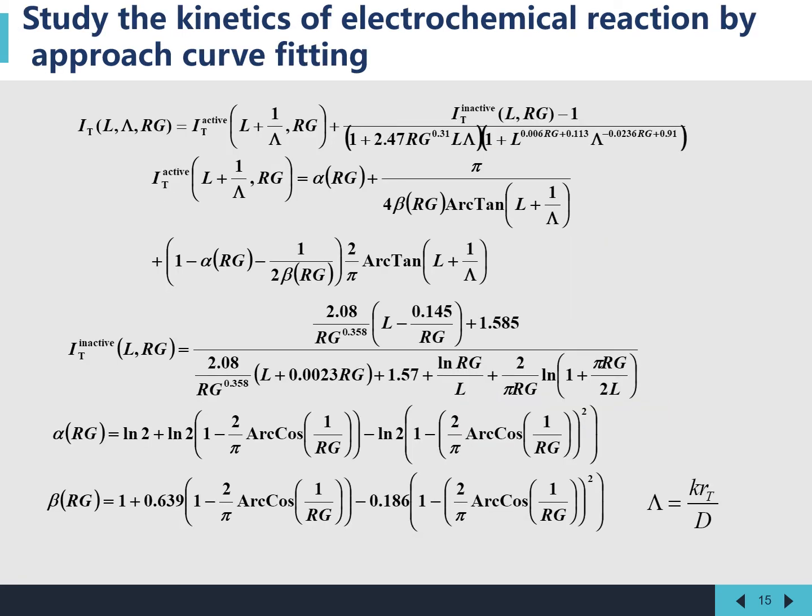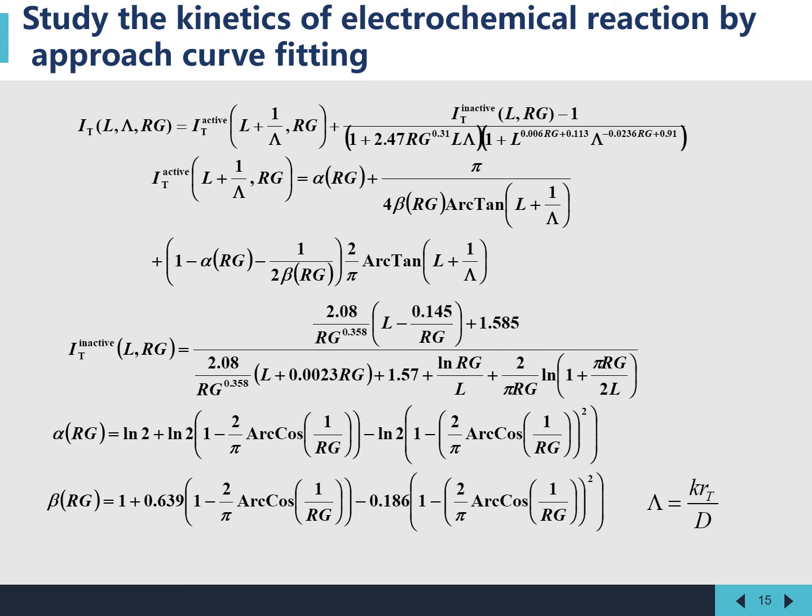The information of the approach curve is very important. The kinetics of electrochemical reaction can be obtained by using approach curve fitting. As you can see, there are many complex equations, but actually it's very simple.